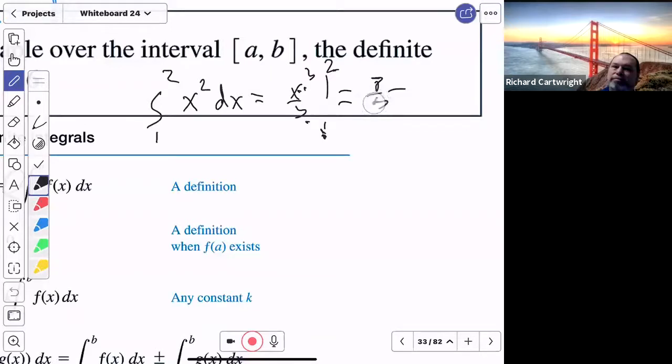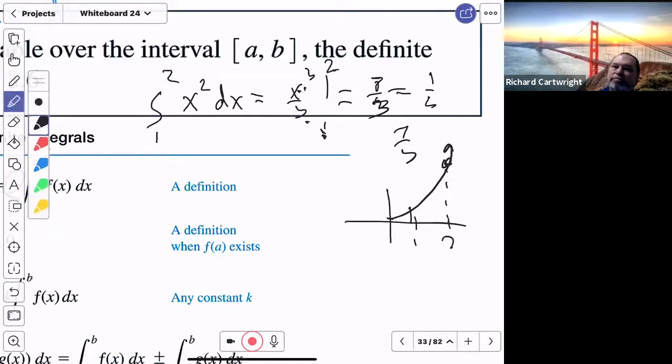It was 8/3 minus 1/3, which is 7/3. That would be doing this parabola here, from 1 to 2. So I'm doing this area here, and I'm actually getting a perfect area under this curve.